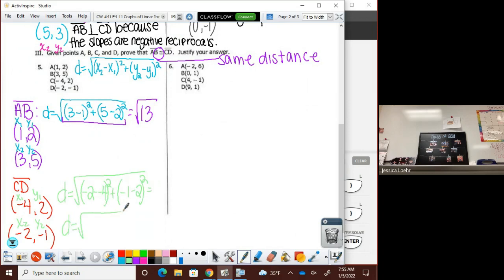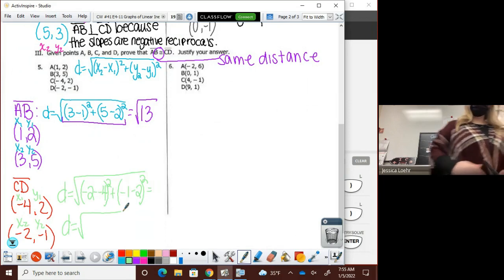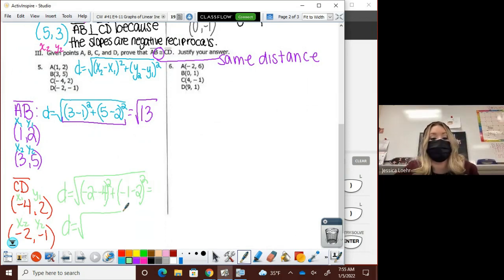Then plug everything underneath the radical into the calculator. And again, you should get 13.